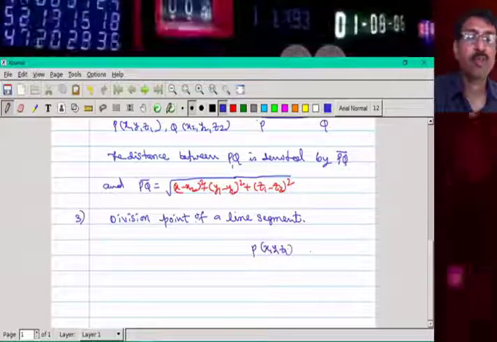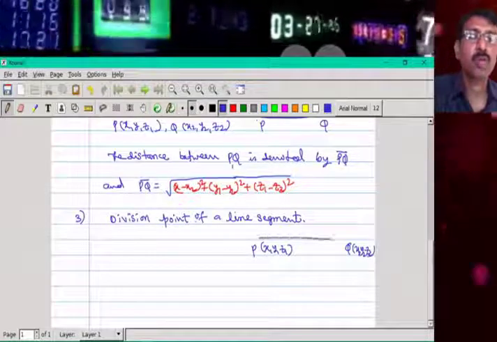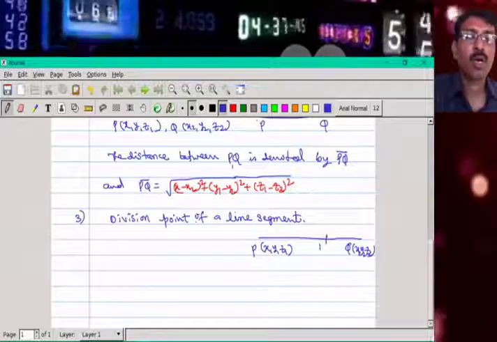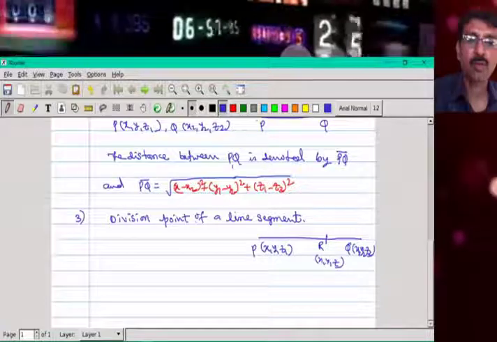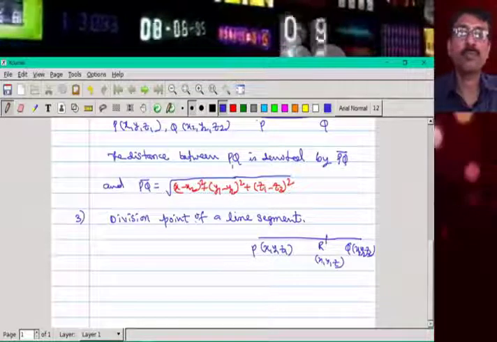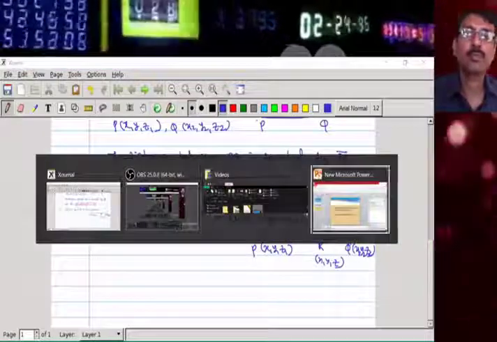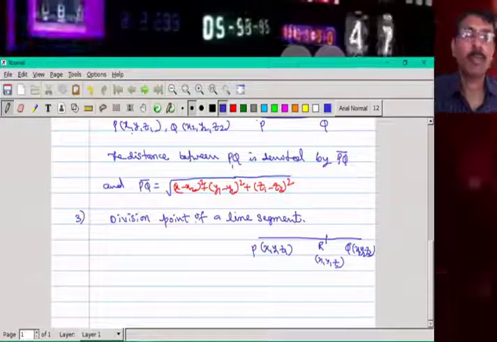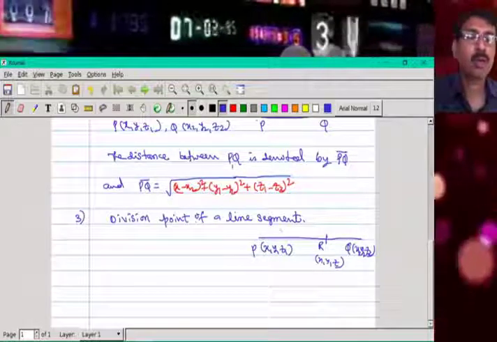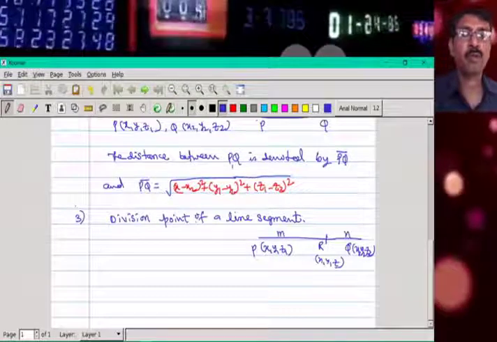If P (x1, y1, z1) and Q (x2, y2, z2) form a line segment, suppose R is a point (x, y, z) dividing the line segment PQ in the ratio m is to n.